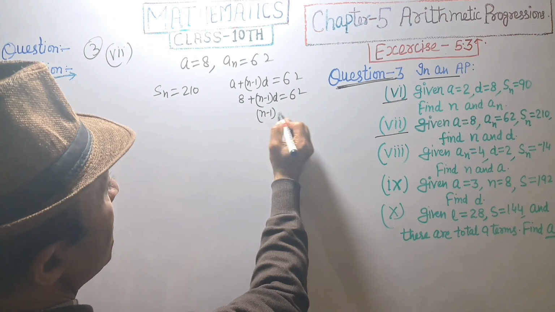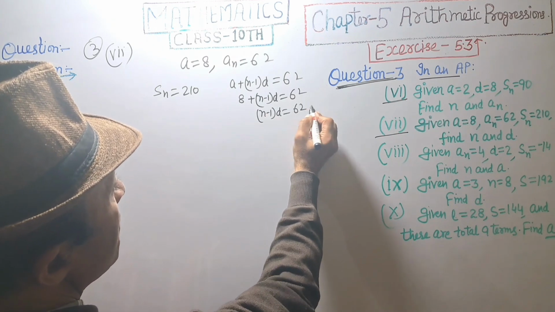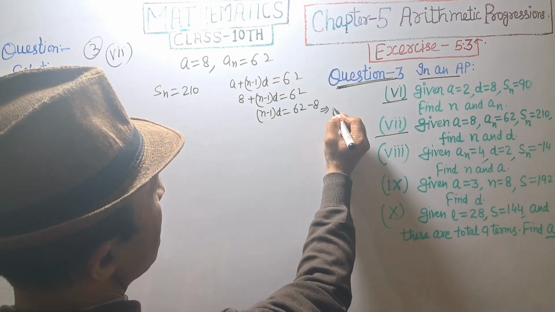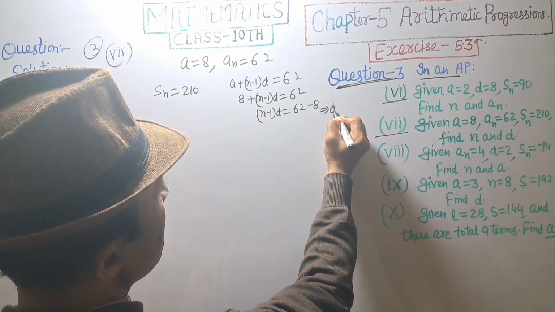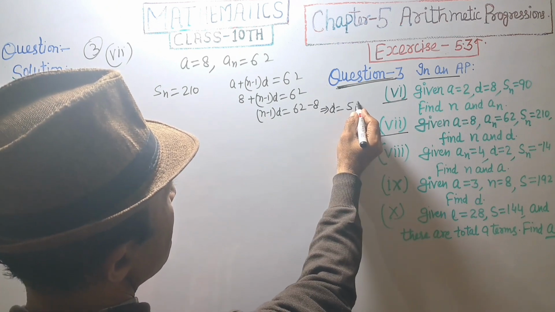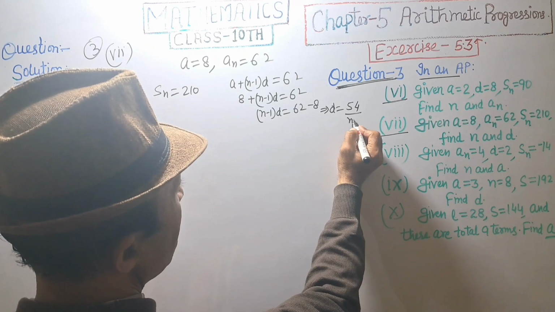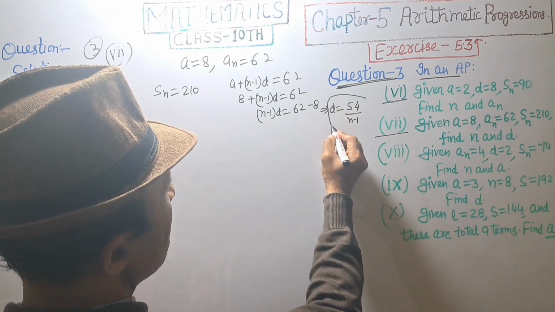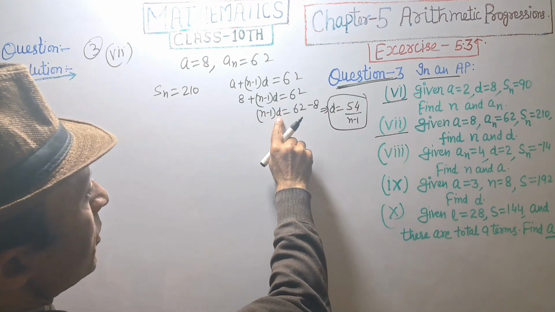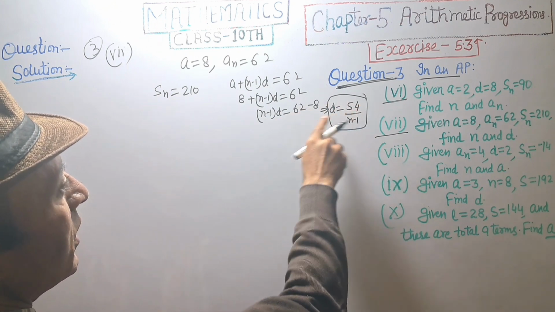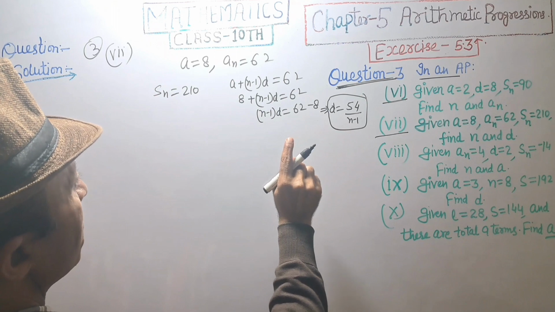(n minus 1) into d is equal to 62, shifting 8 to the right side, minus 8. This implies d is equal to 54 divided by (n minus 1). d is equal to 62 minus 8, that is 54 divided by (n minus 1).